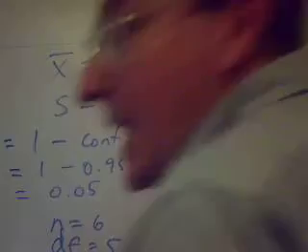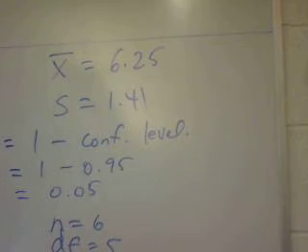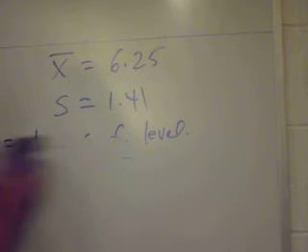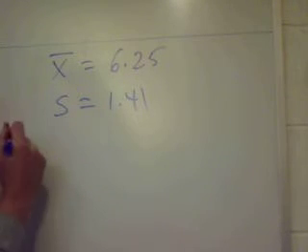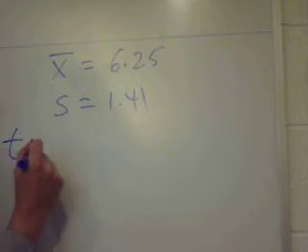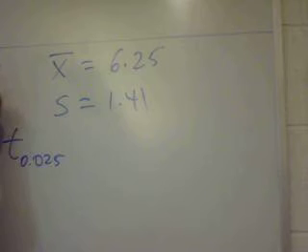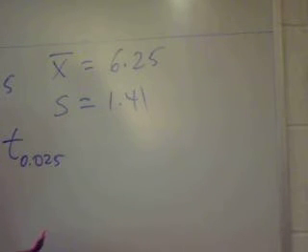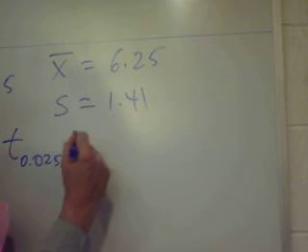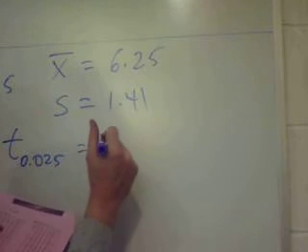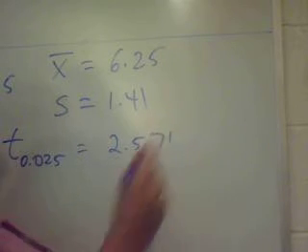All right? So we go to table 4, and we look for T sub 0.025 with df equals 5. And we find T sub 0.025 is 2.571.